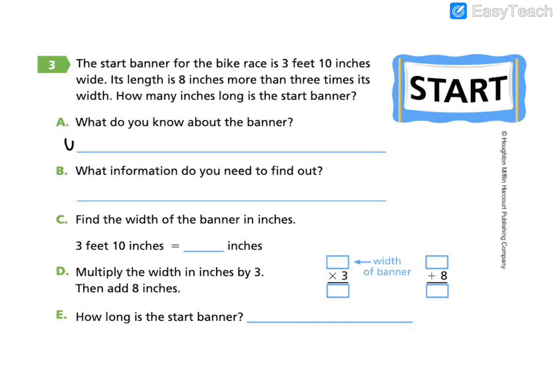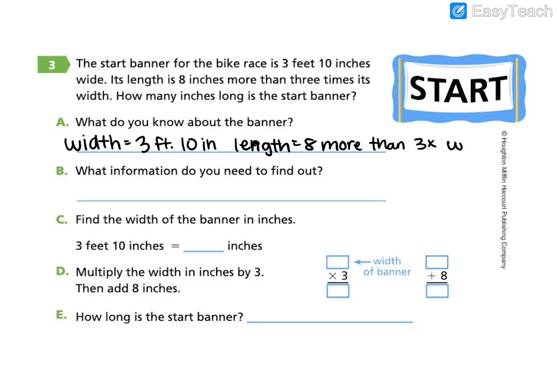We know that its width is equal to 3 feet 10 inches. And the length is 8 more than 3 times the width.